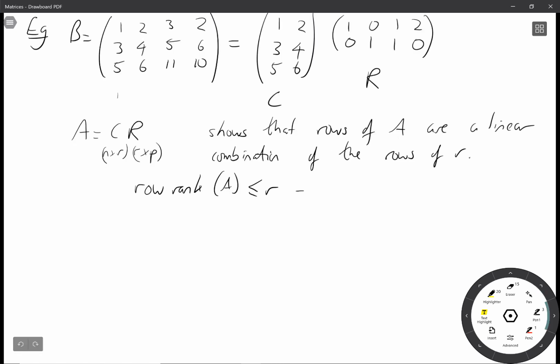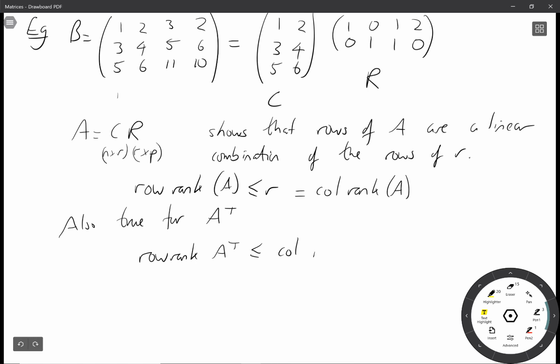And R, remember, is the column rank of A. Now this is true for any matrix. We're not doing anything special here. So it's also true for A transposed. So we have that the row rank of A transposed is less than or equal to the column rank of A transposed.